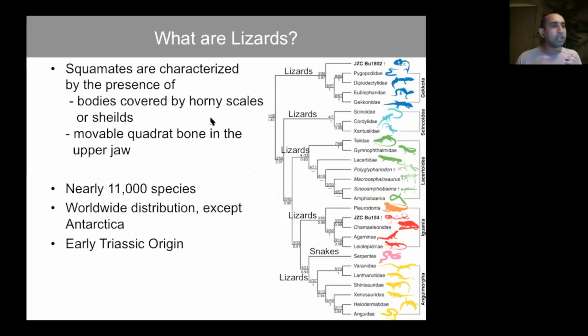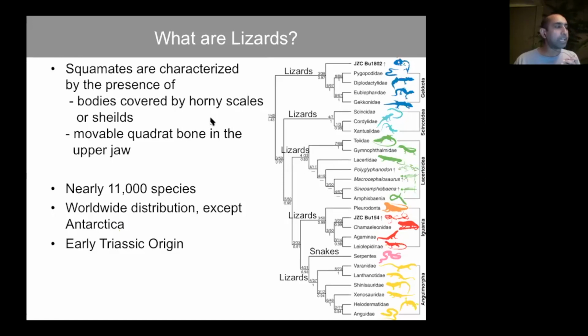So the organisms that belong to the order Squamata are characterized by having bodies covered by horny scales or shields, and they also have a movable quadrate bone, right? So don't worry about this. This is a particular bone that's found in the upper jaw.